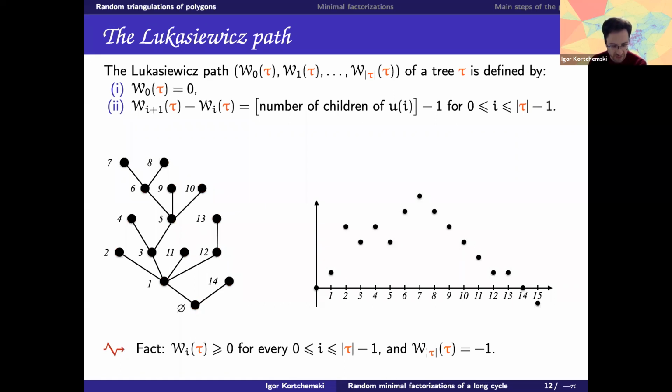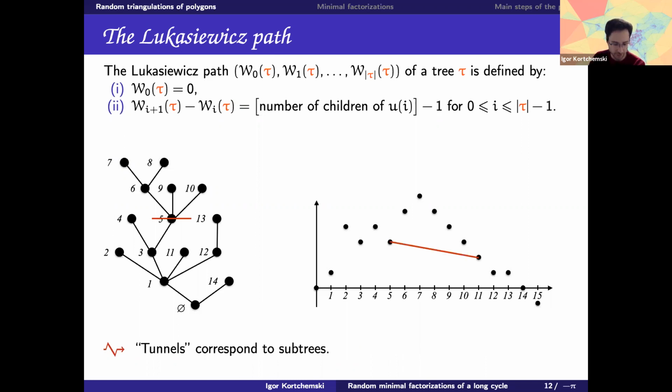And when the trees are Bienaymé-Galton-Watson trees, associated is a sort of conditioned random walk, but I don't want to enter too much into details. But before considering random objects, there is a deterministic correspondence between tunnels and subtrees, which is reminiscent, of course, of what was before. For example, here at the vertex 5, we have this subtree, which corresponds to this Lukasiewicz path.